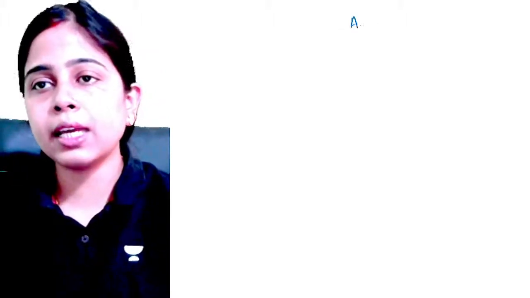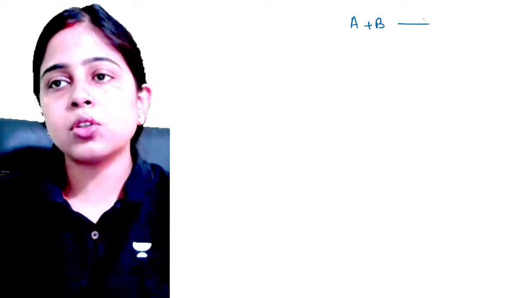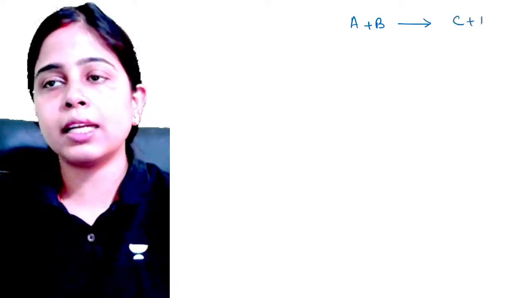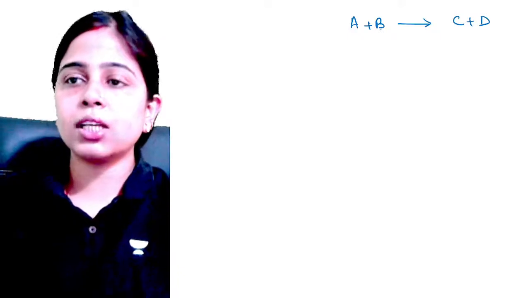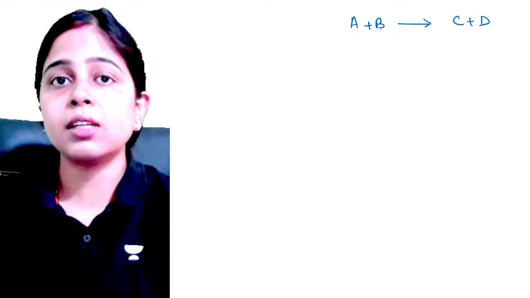So before I go on to explain you the reactions or types of reaction, let me tell you first what is a chemical reaction first of all. So chemical reaction is a chemical change where the reactants participate in the reaction to form different products, where your old bonds between the atoms are broken and new bonds are formed. Okay. For example, A and B reacting together to produce your C and D. So this will be a chemical change, as well as you can call it as chemical reaction also.